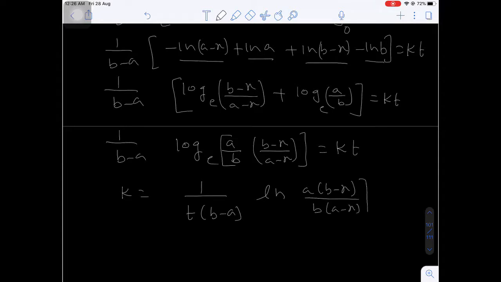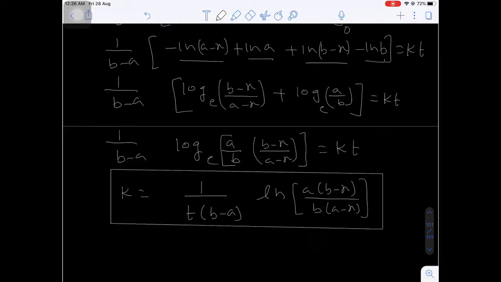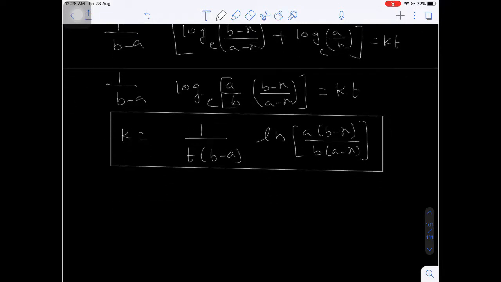So this expression is the second order rate constant expression when two reactants have different initial concentrations. Yes or no?